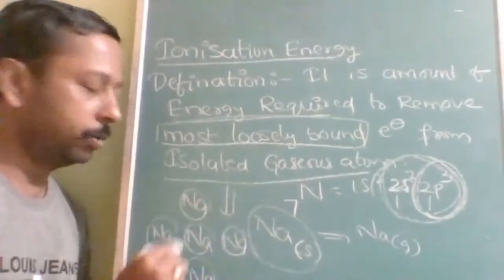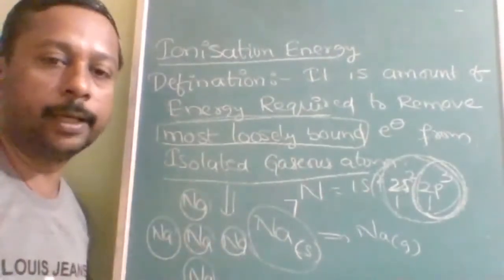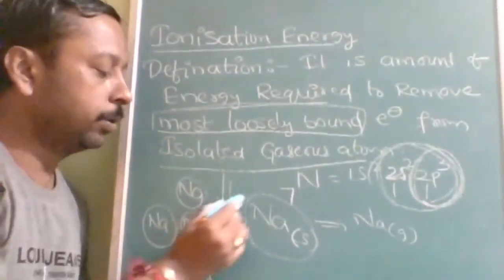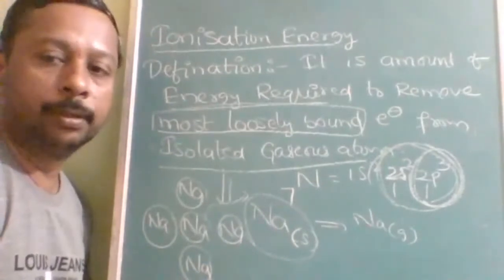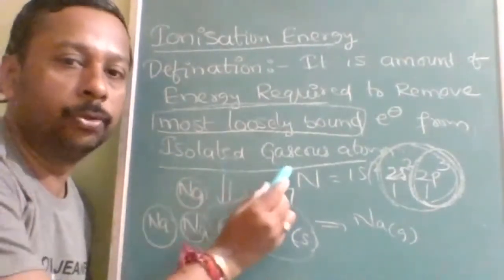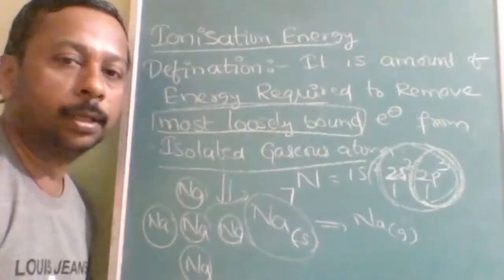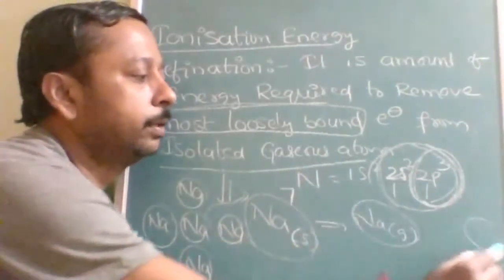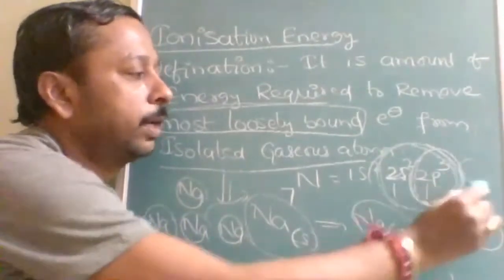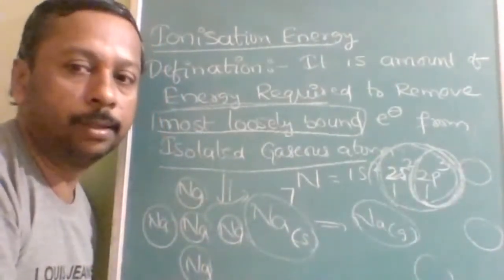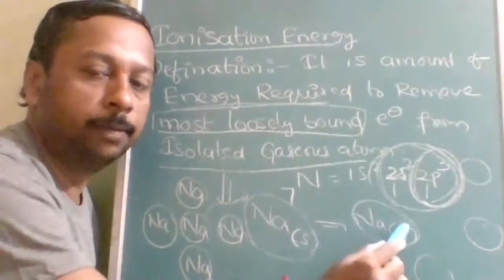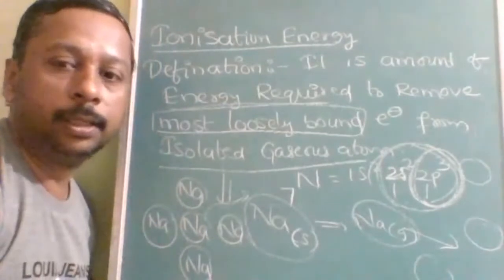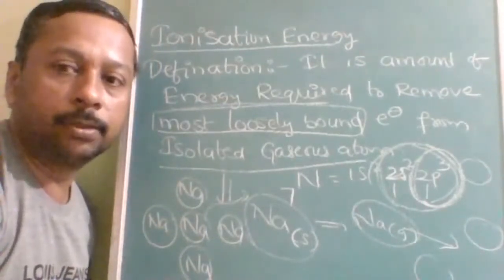Therefore it will not be possible for us to remove an electron from this sodium. That's why the words isolated gaseous atom are used. Gaseous conversion is necessary because in the gaseous state, sodium atoms are much farther away from each other, so it becomes easy for us to remove this electron.